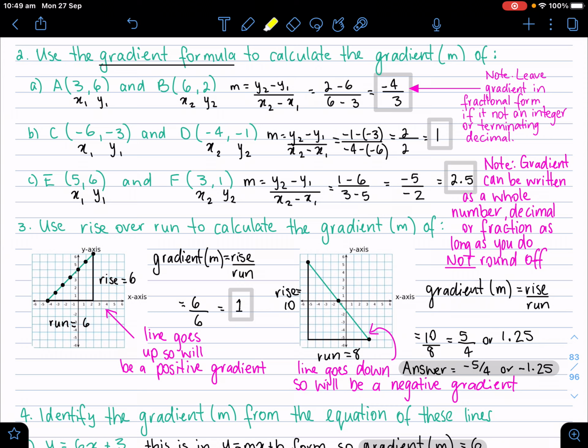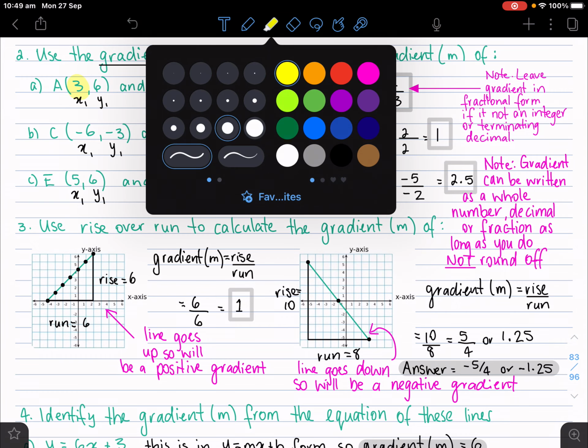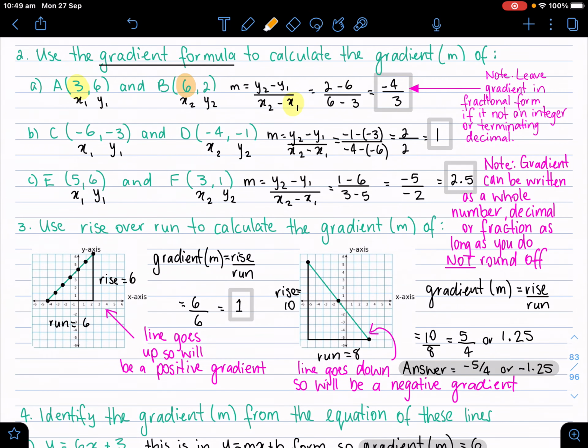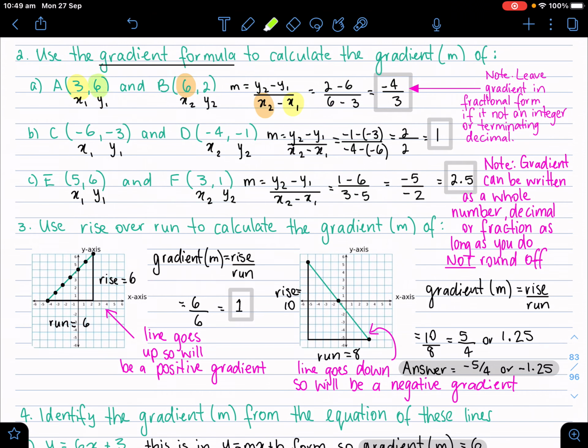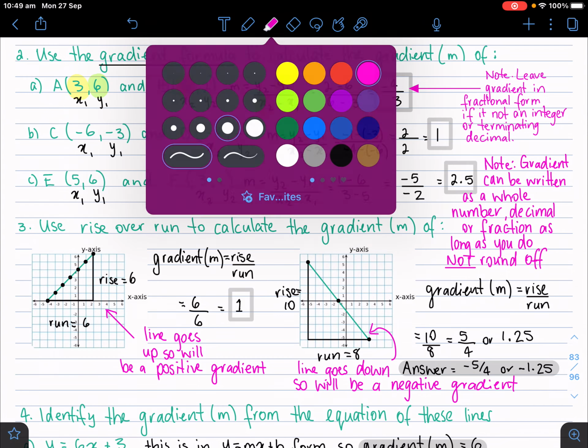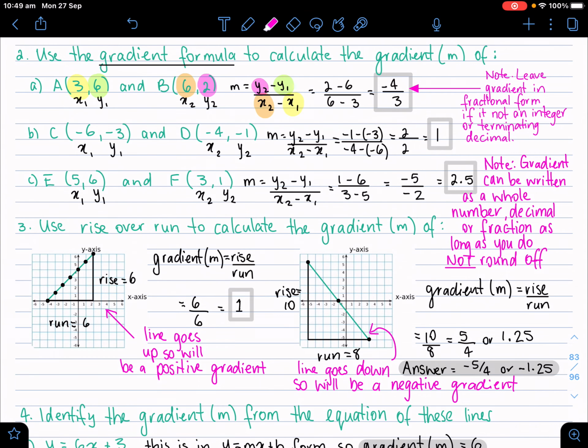So for example, if I made x1 yellow, I would put that yellow in the formula, change the color. Let's say orange, I make x2 orange and I substitute that in there, and then different colors and so on and so forth, just to avoid silly mistakes. You figure out what works for you, but once you've done this a few times, you'll understand how to do it and it becomes second nature. So if I use the colors, it saves me from making silly mistakes.